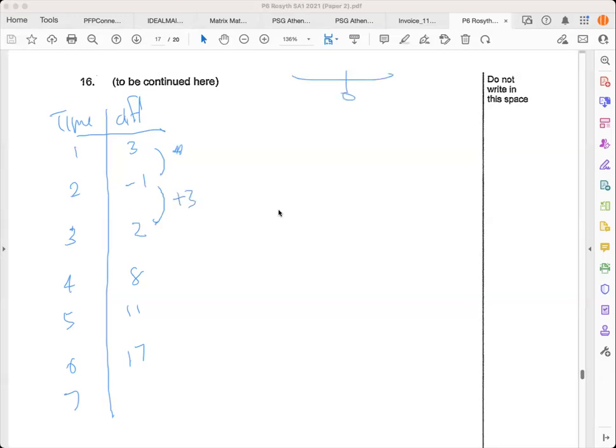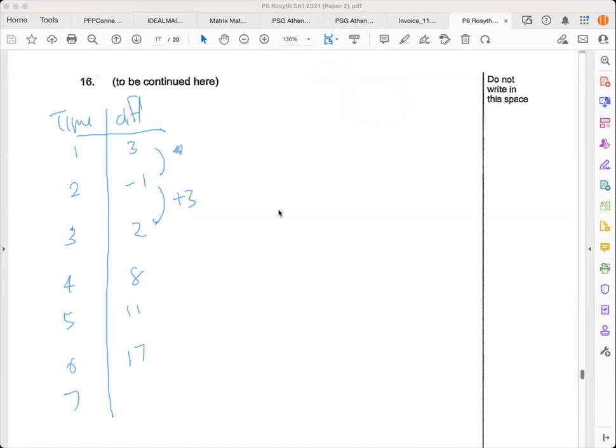This is minus 1, and this is 2. To get from here to here, we need to plus 1 to become 0, and then plus another 2 to become 2. So altogether, the difference between negative 1 and 2 is 3: 1 plus 2. So this is how I get it. That's why it's plus 3.